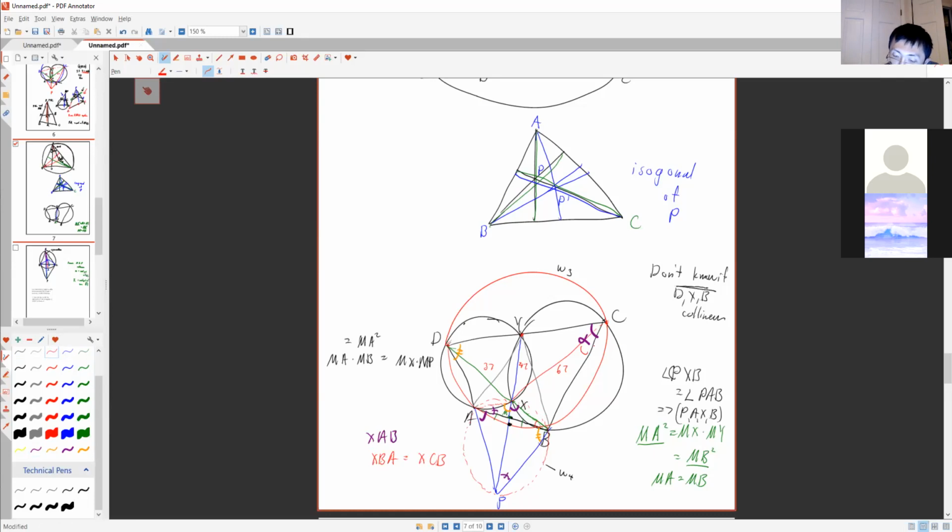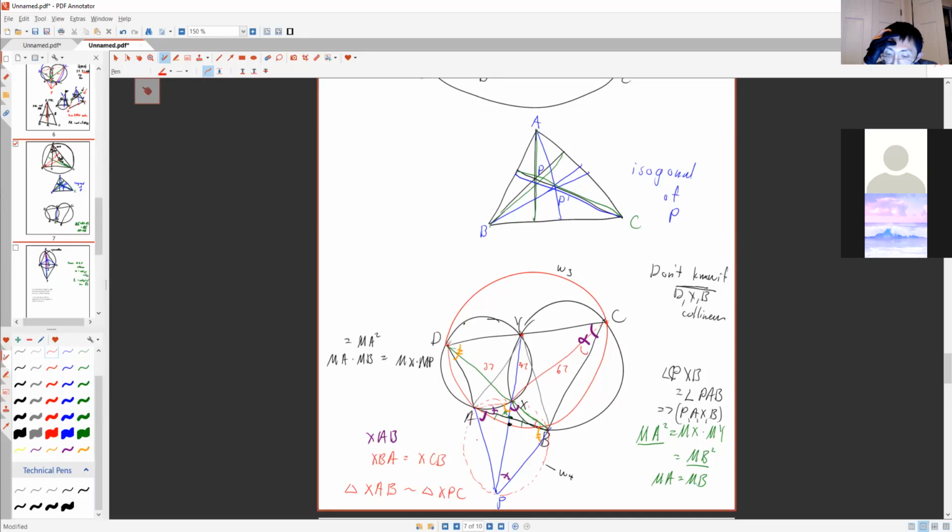Yeah, so we have a spiral similarity centered at X that takes XAB to XPC. So we'll just say XAB is similar to XPC because of angle-angle similarity. So that is. And then we have the same thing on the other side, I guess.